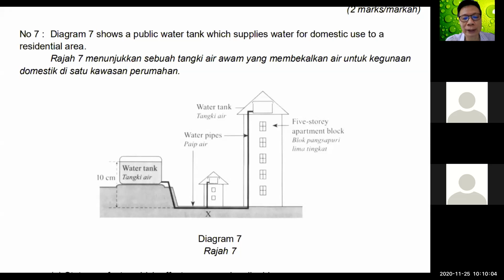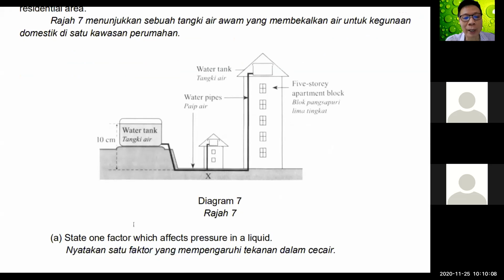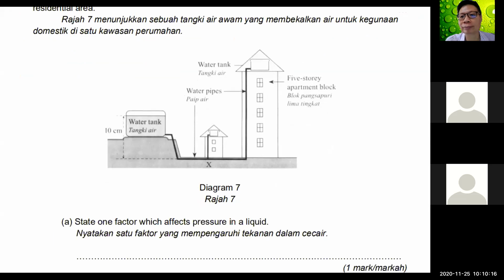Now, first question. One factor affecting the pressure in a liquid. Water pressure is affected by what? One factor affecting the water pressure is what? Depth. Yes, correct. Very good.